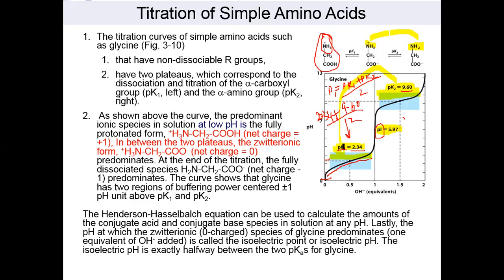Second, the pI is telling us that this is the point where zwitterions exist, where there is no net charge on the molecule, on the amino acid, on the glycine. Okay. Moving down toward the pI, most of the residues are being protonated.